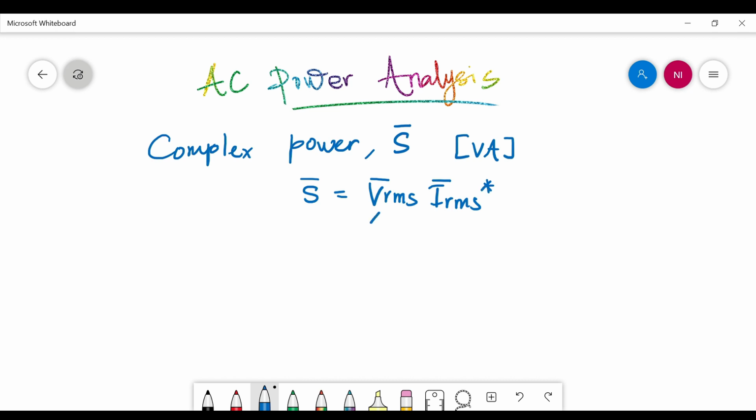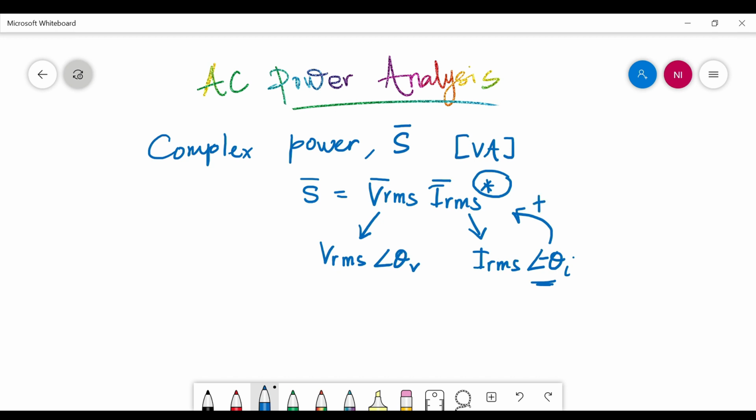Vrms is Vrms angle theta V, and Irms is Irms angle theta I. Conjugate means the inverse of the angle. Let's say the given Irms angle theta I is negative, so when you conjugate it, it must be positive.